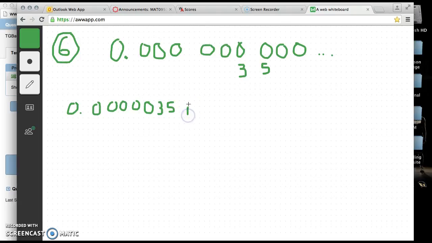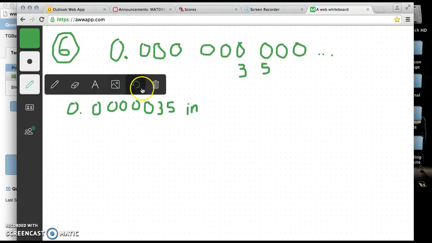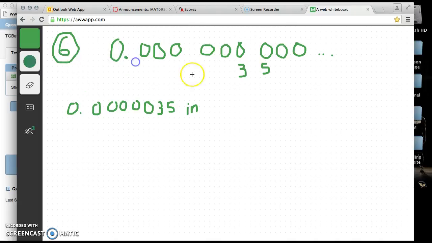And this was our depth, how far into the eye we would be cutting. So 35 millionths of an inch. Now let me just erase the 3 and the 5 down here so we don't get confused about those on the next part. And so our next part had to do with our time.